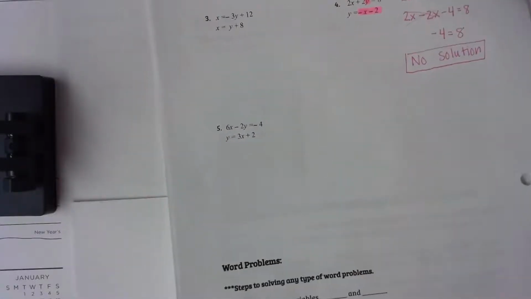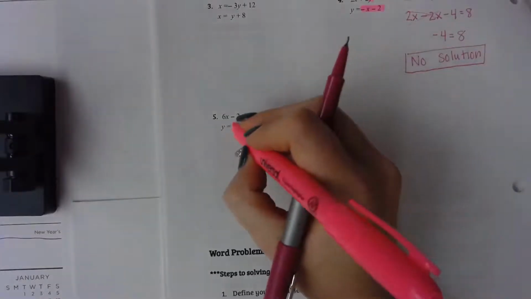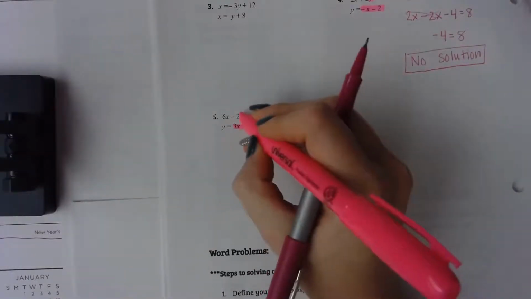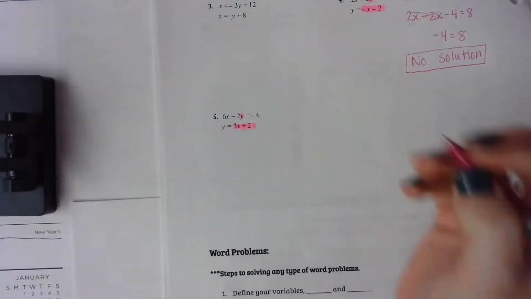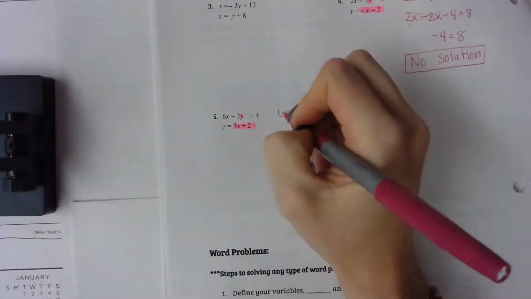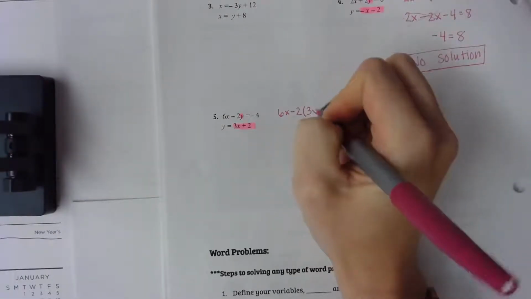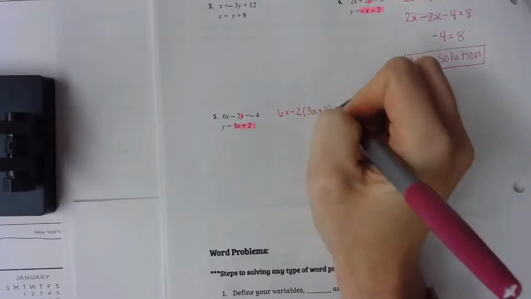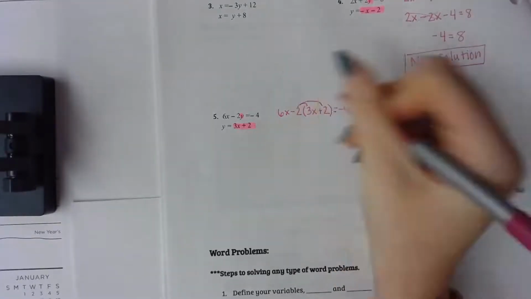Okay. Then number 5, I've got y equals. So I'm going to take the y equals and plug it in for y. So 6x minus 2 times 3x plus 2 equals negative 4. I'm going to distribute that into the parentheses.